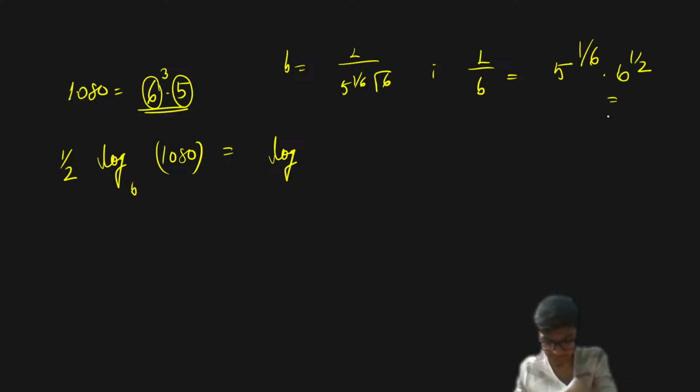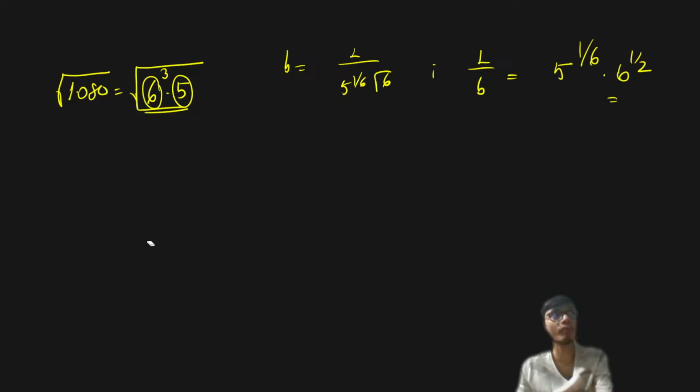Now if I take square root on both sides, I get the following result. Instead of square root, if I take the whole thing to the power 1 upon 6, that will be much better. If I take the whole thing to the power 1 upon 6, then I can simplify it further in one step.